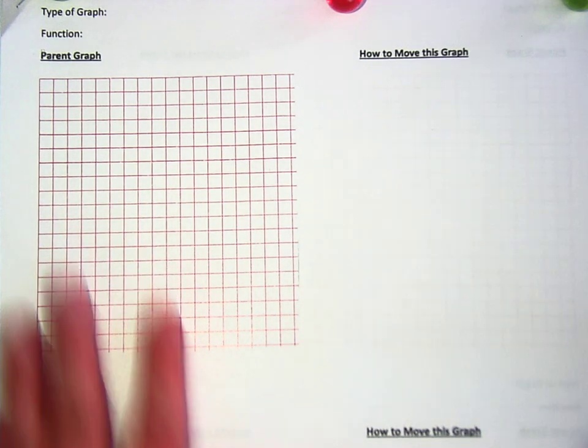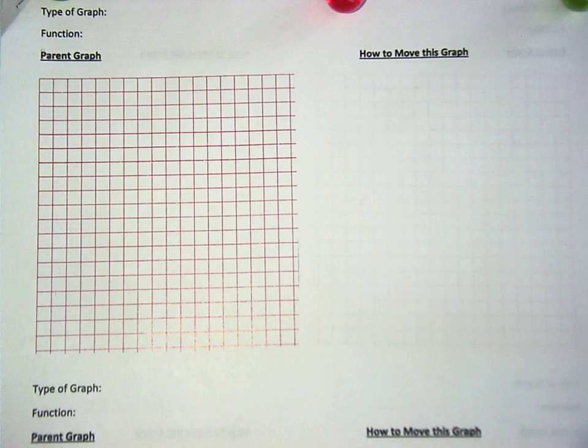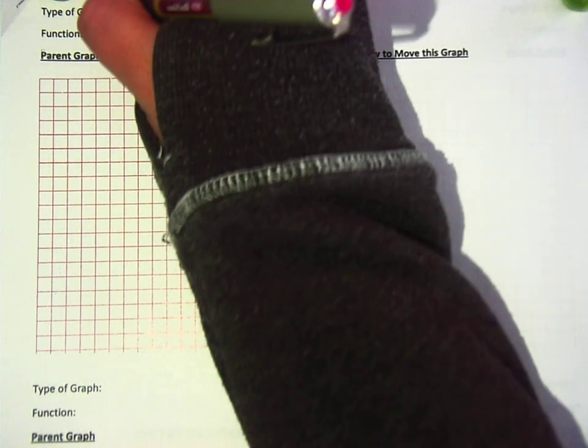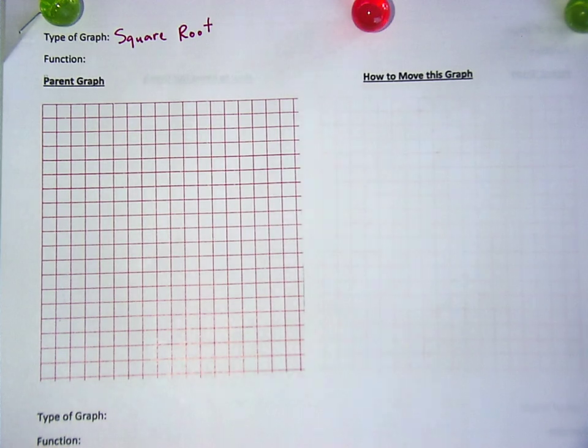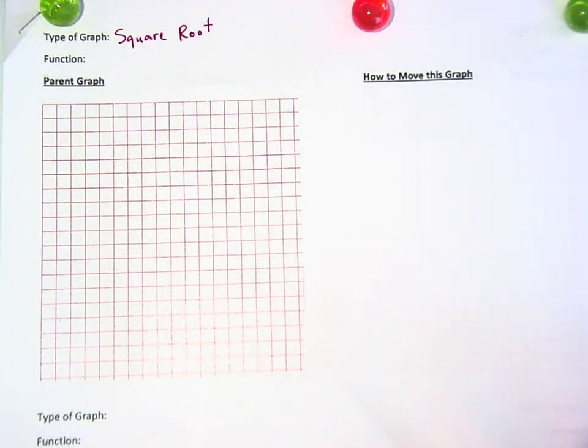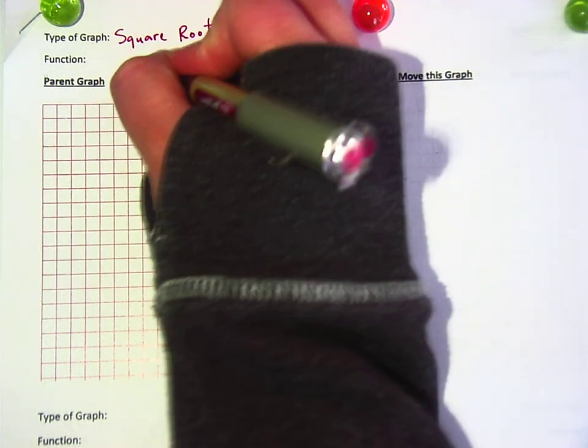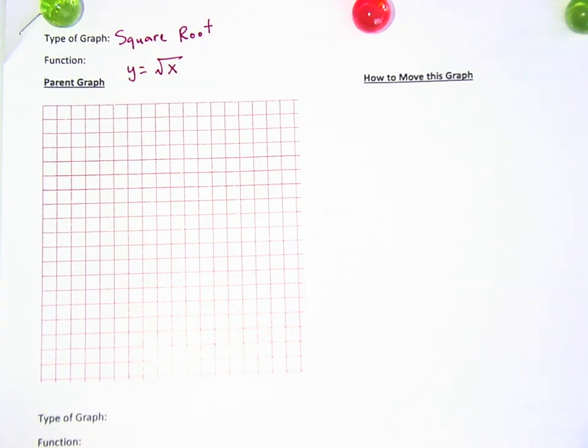Last 2 we're doing. We're not going to have any homework because I'm going to be a nice person for once. Square root. Y equals the square root of x.